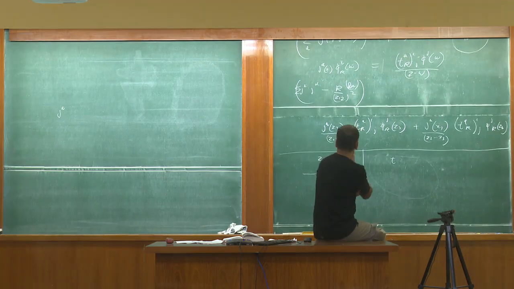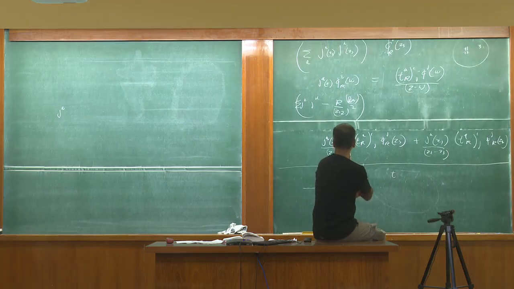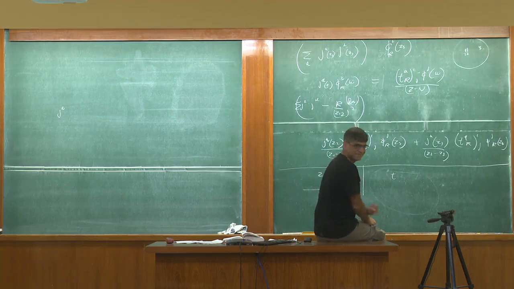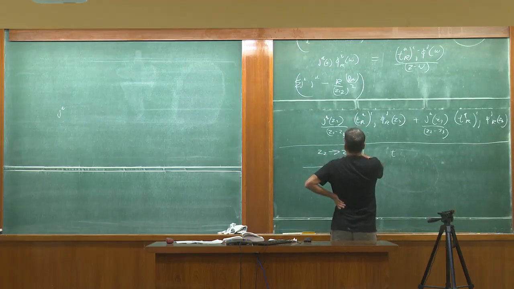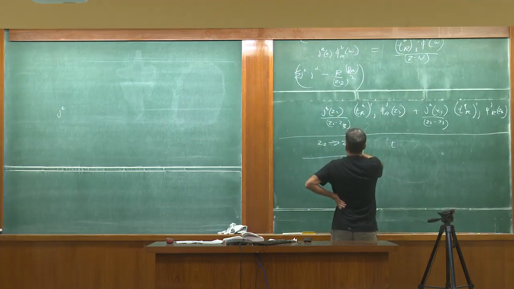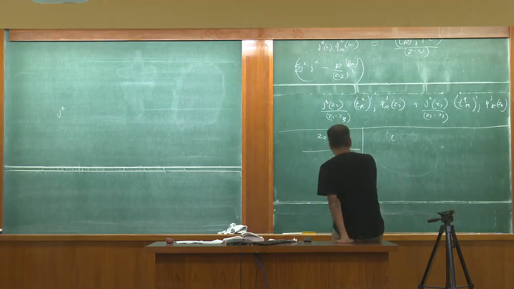I suppose now we once again take the OPE of this with this. Yeah, exactly, now we once again take 2 to 1. Am I getting the right answer? Just give me 1 minute.